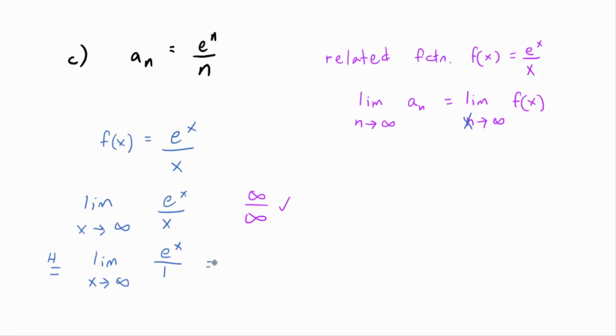It goes to infinity. So you could say that a_n, if you want to use the shorthand notation, also diverges to infinity. As goes the related function, so goes the sequence, in other words. But that's how you do it. And students hate that. They hate changing to x, but that's the proper way to do it.